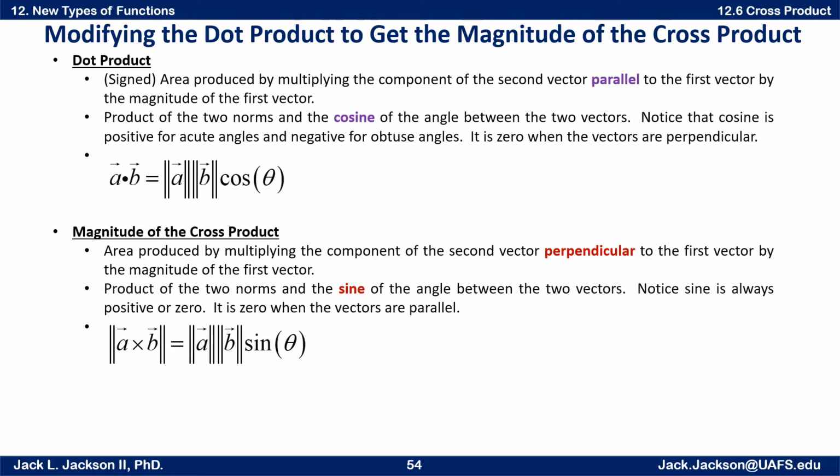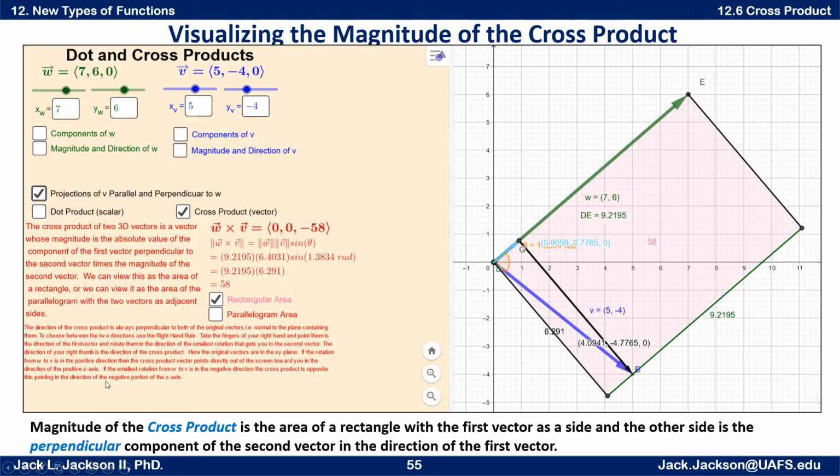You'd still get something equivalent to the area of that parallelogram. So that doesn't matter. But what matters is we do get the vector's direction being different, in fact opposite, depending on whether you do W cross V or V cross W. Okay, and so let's continue taking a look at that.